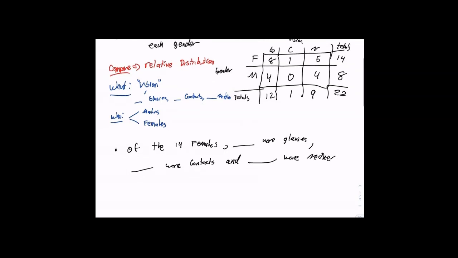Alright. Now, if this question was just about comparing, be careful on this problem. We don't want to say 8, 1, and 5, because those are counts. We want percentages. So how do I find the value that goes here?